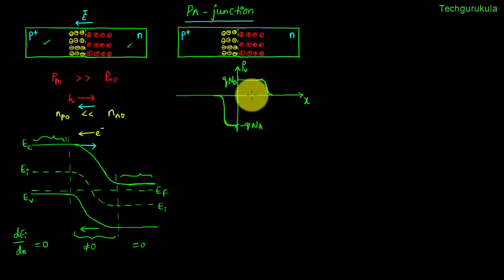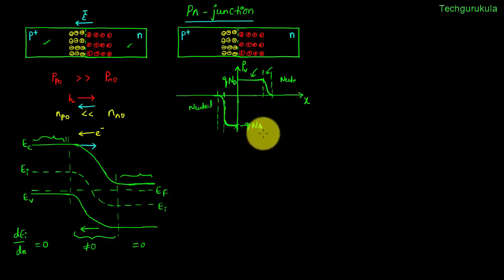In reality, this is how the plot would look, but we have a situation where there is a region which is completely ionized, a region which is partially ionized, and a region which is completely neutral. Similarly on the P side, where this is completely ionized, partially ionized, and completely neutral.